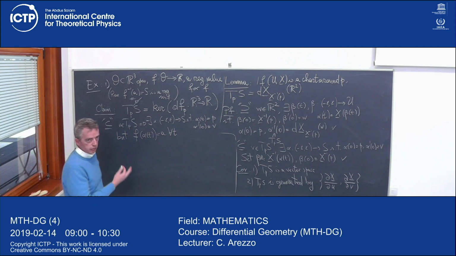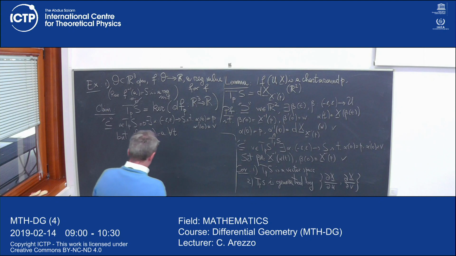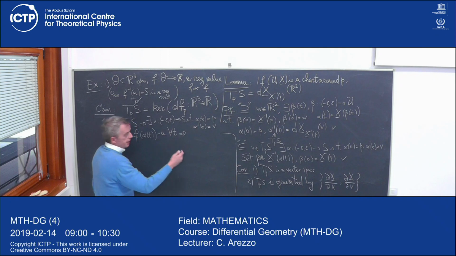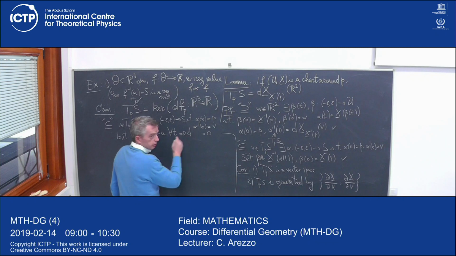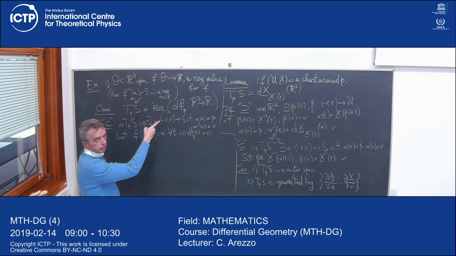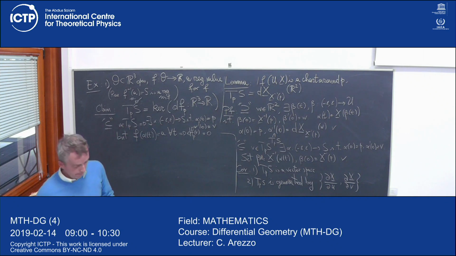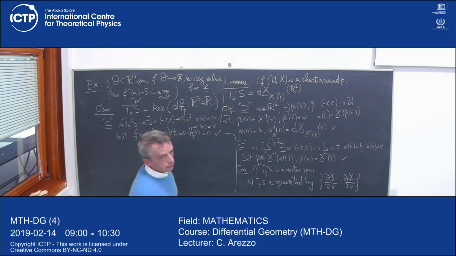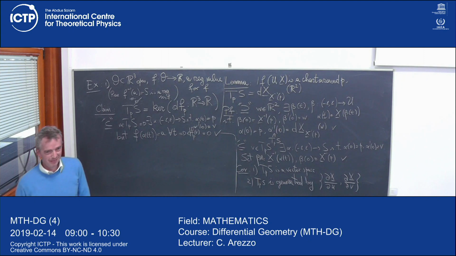Take the derivative. On the right, I get 0. And on the left, by definition, the differential of f at p applied to the tangent vector to the curve. And that's exactly what I want. This is the end of the proof of this inclusion.